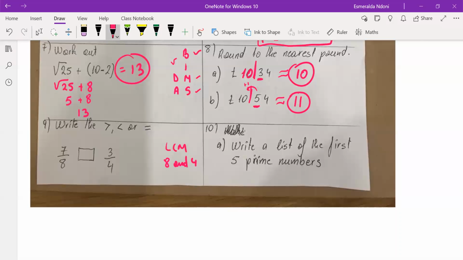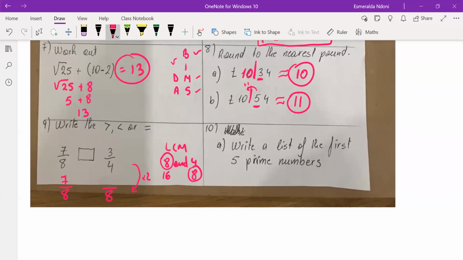So the 8s are 8, 16, and I stop. For the 4 is 4, 8. Okay, I found it already. So the LCM is 8. So we're going to write these fractions over 8. And the second one, again, over 8. 4 to 8 is times 2.